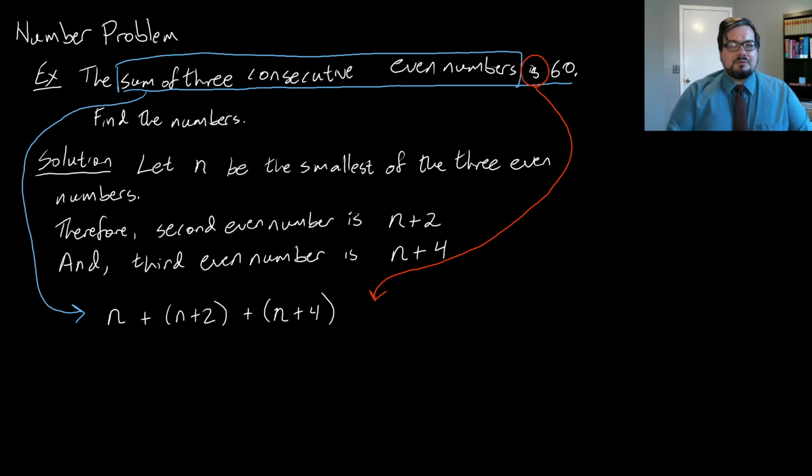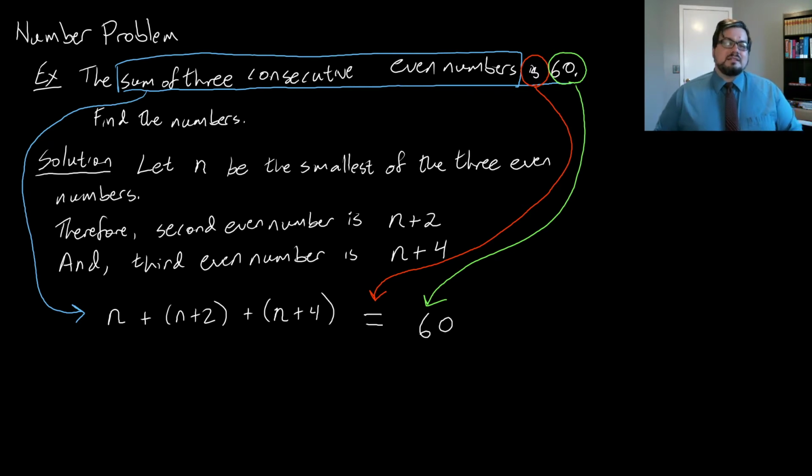So if the sum of 3 consecutive numbers is something, that indicates that we've got an equals, and now we can take the last part, 60, and bring it down. So we've translated the sentence, the sum of 3 consecutive even numbers is 60, in the following way. We've written that as n plus n plus 2 plus n plus 4 equals 60.